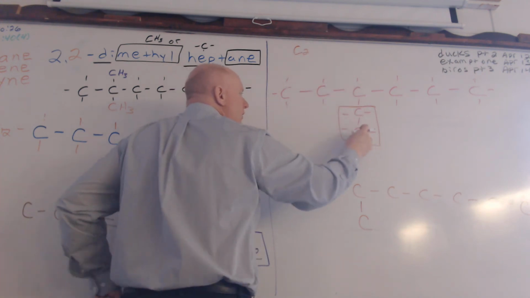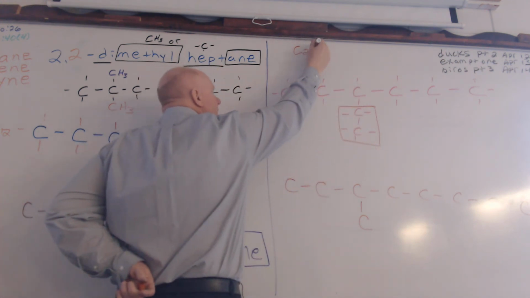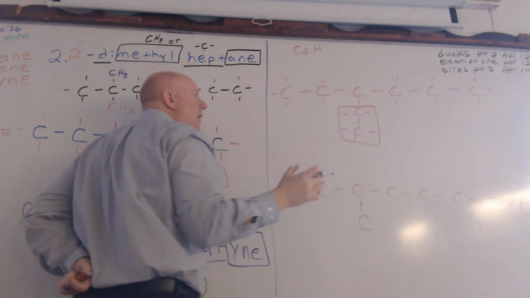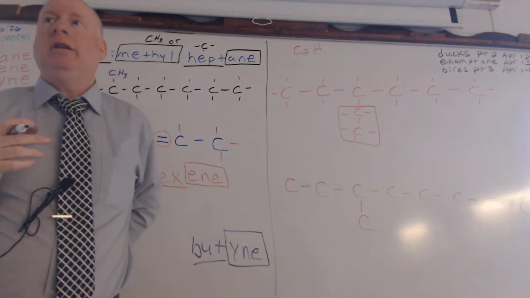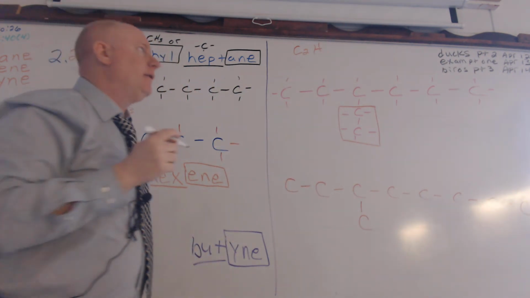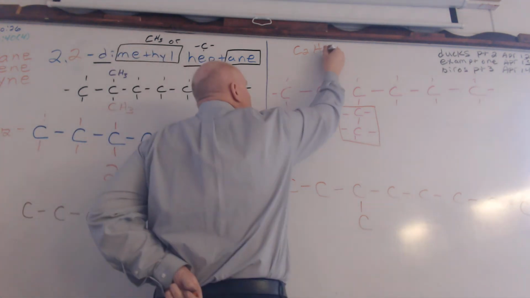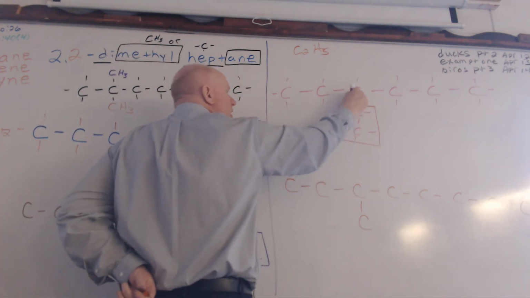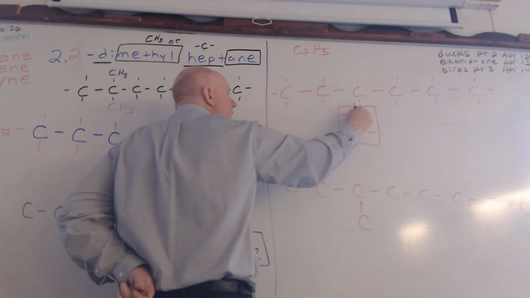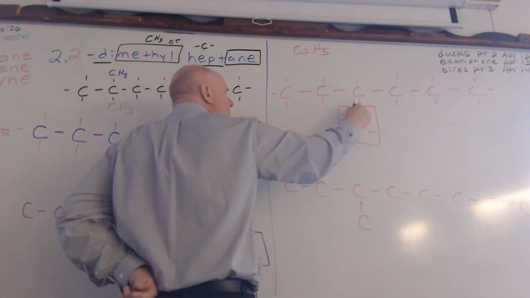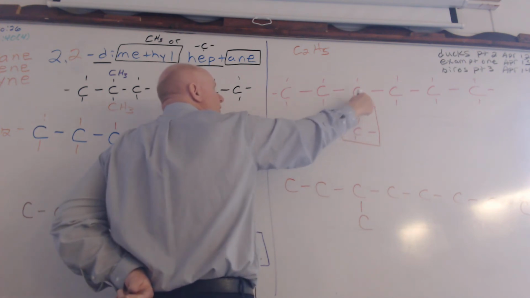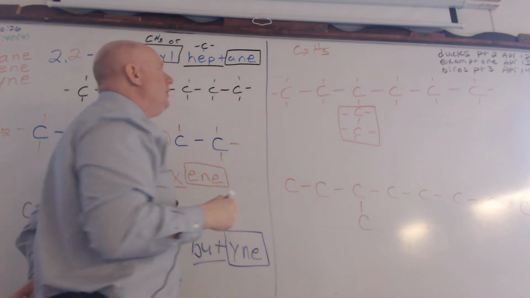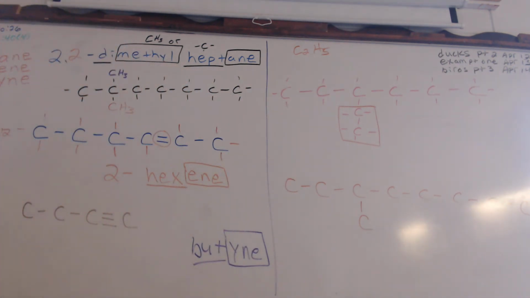And how many hydrogens are there? Inside the box only. 5. Because remember, this is a carbon-to-carbon bond. So that means this can't be a hydrogen. That's why that's 5 instead of 6.